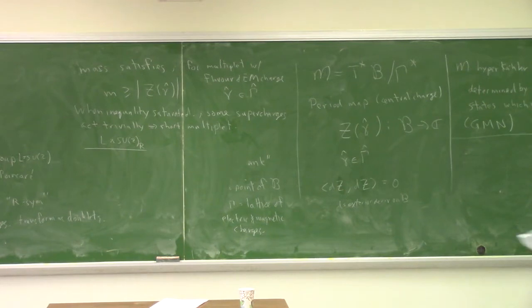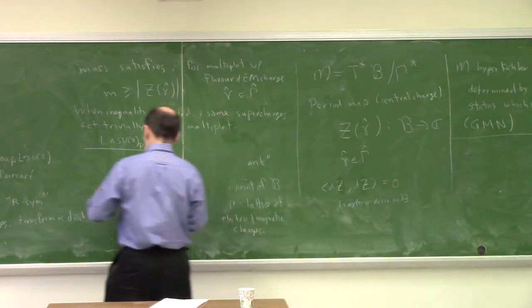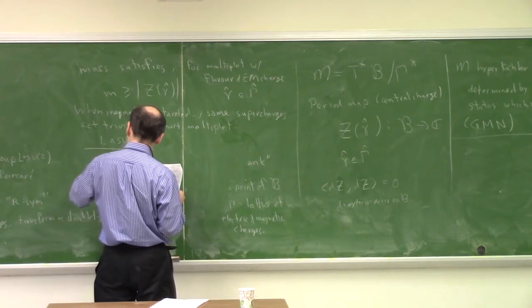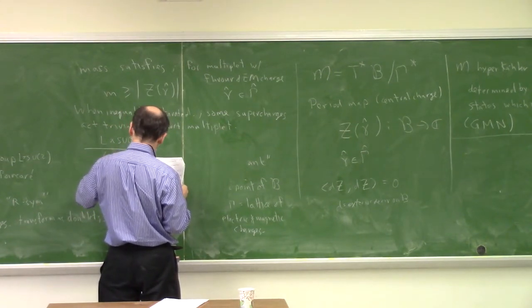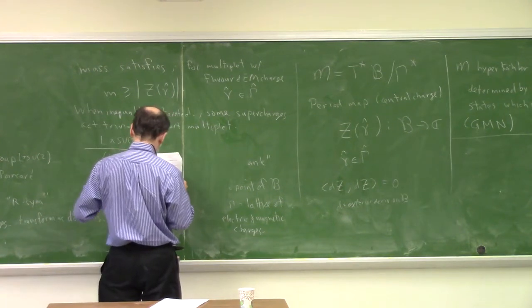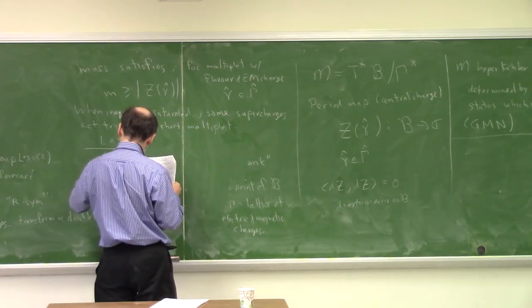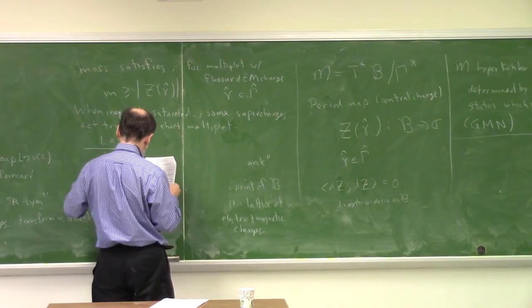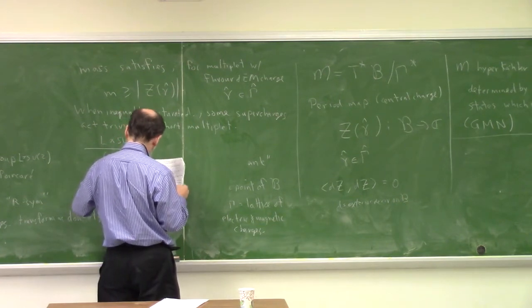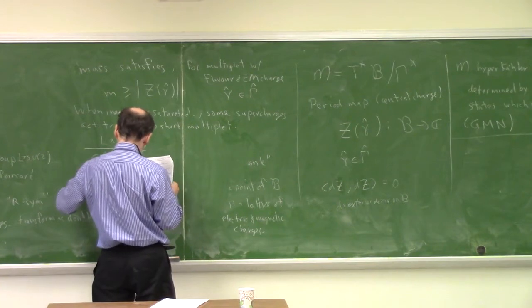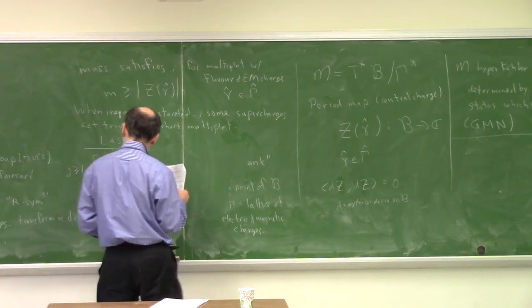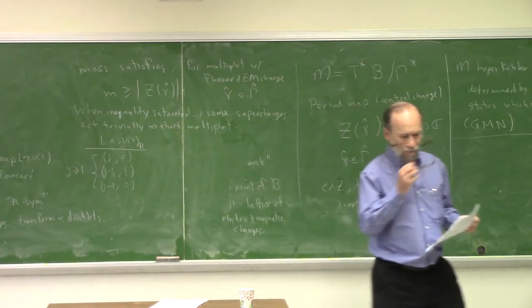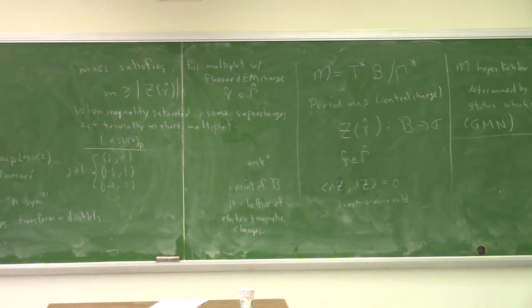Is that clear? So let me give you the answer. Spin J and the trivial representation of SU2R, spin J minus a half and the two-dimensional representation of SU2R, and spin J minus 1 and the trivial representation. And this is at least for J greater than or equal to 1. These are the representations of the little group cross the R symmetry group, which induce the representation of super Poincare.